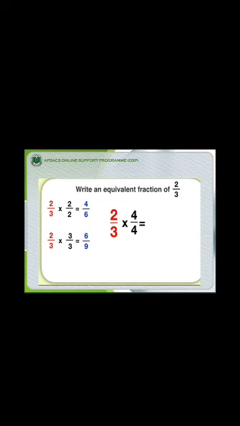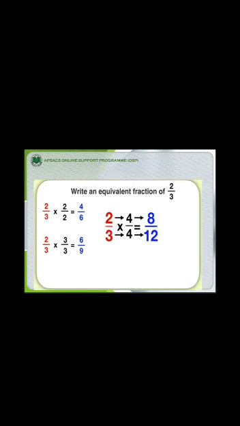Students, tell me, what is 2 times 4? Yes, 2 times 4 equals 8. So we write 8 here, and 3 times 4 equals 12. So 8 over 12 is also an equivalent fraction of 2 over 3.